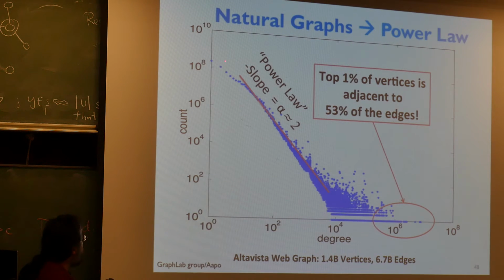There are lots and lots of nodes that have very small degree. There's tens of millions of nodes that just have a few neighbors. If you take a look at a typical node, it's going to be very sparse. But there are a handful of nodes that have lots and lots of edges.